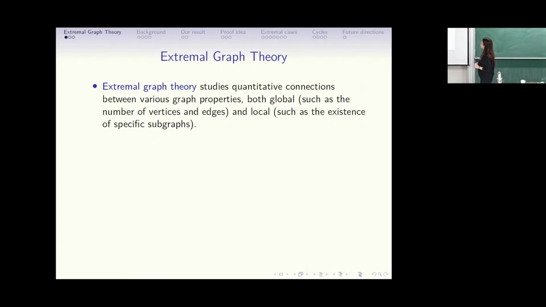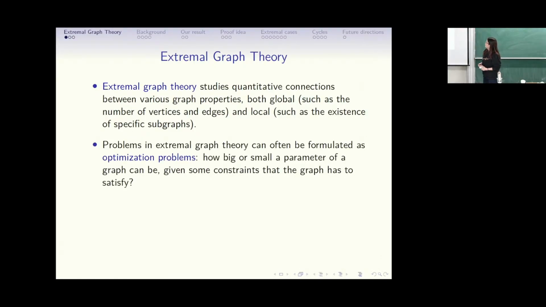So extremal graph theory studies quantitative connections between various graph properties, both global ones, such as the number of vertices, number of edges, and also local ones, such as if there's a triangle or so. And problems in this area can often be formulated as optimization problems. How big or how small a parameter of a graph can be, given some constraints.